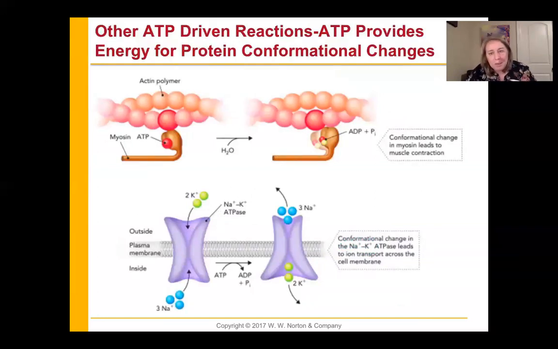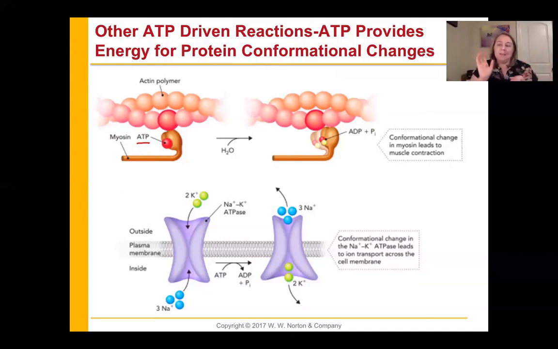The other way that we said ATP can be used to drive reactions is where ATP will bind to a protein. I'm giving you two different examples here. Here's ATP, and it's going to bind to the protein myosin. Myosin's a motor protein. Myosin can bind to a vesicle, and it can attach to the actin cytoskeleton.